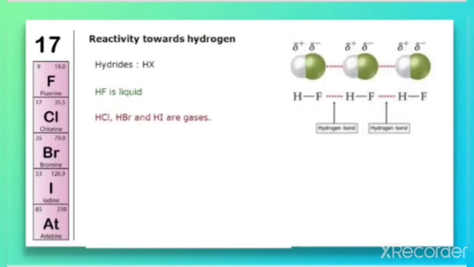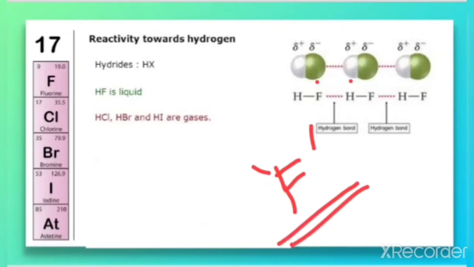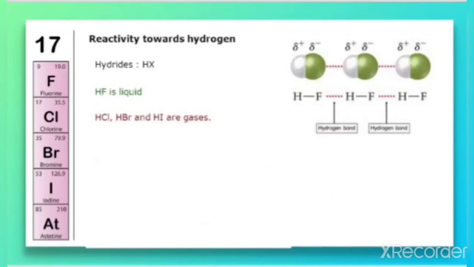Because there is an intermolecular hydrogen bond between the fluorine of one HF and the hydrogen of another HF. Fluorine is the most electronegative element, so it can form hydrogen bonds between the molecules. Because of the intermolecular hydrogen bond, the molecules are closer, so it is liquid in nature.